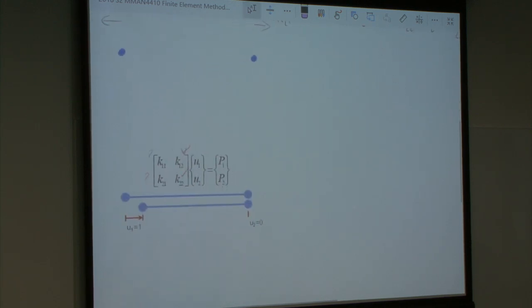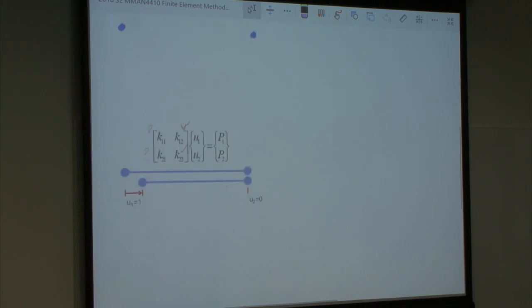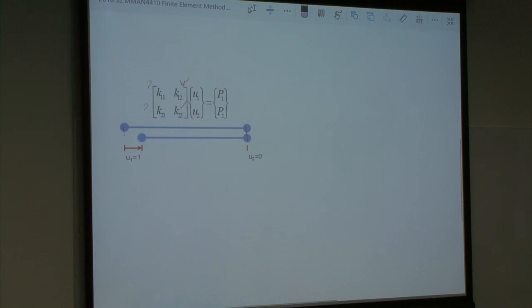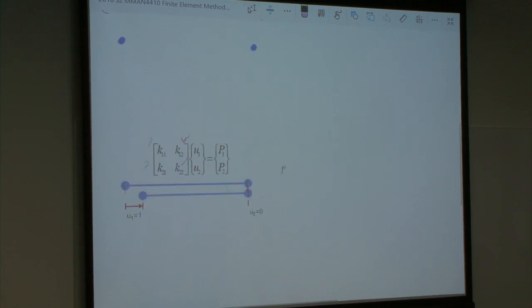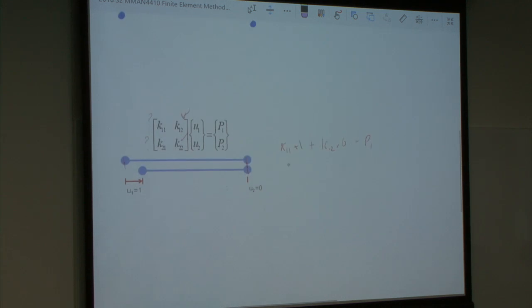We can find the value for those two K values by doing the opposite thing. Now we hold the right-hand node still, and we move the left-hand node by a displacement of 1. Then we get K11 times 1 plus K12 times 0 equals P1, and K21 times 1 plus K22 times 0 equals P2.